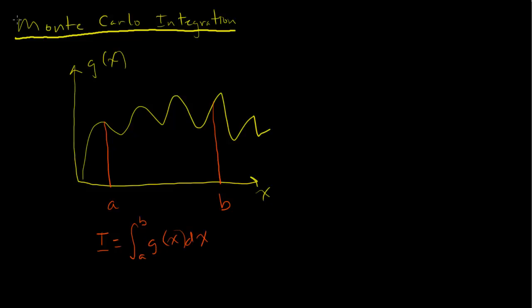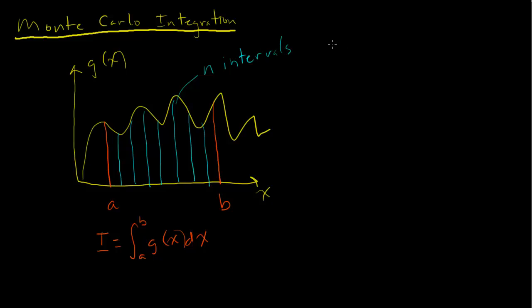And let's assume that the integral is such that I can't solve this analytically. And so a very standard numerical method for doing this integration is to divide the range space up into n equally spaced intervals. So I'm just going to divide this up as follows, and I'm dividing into n intervals.